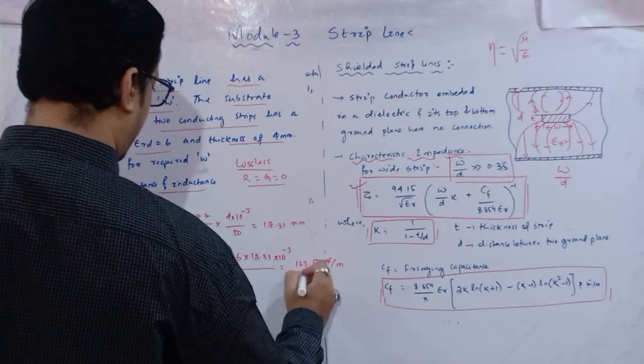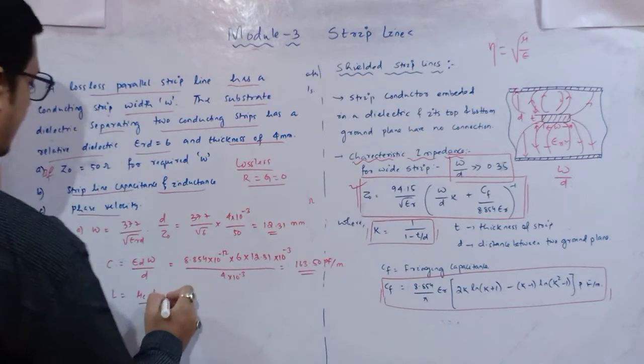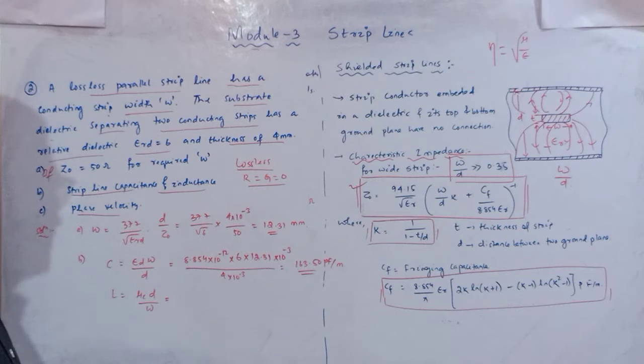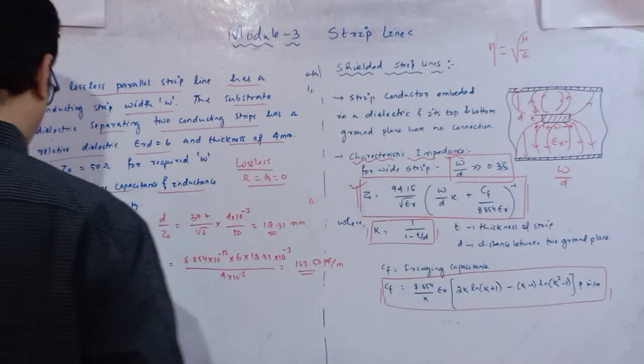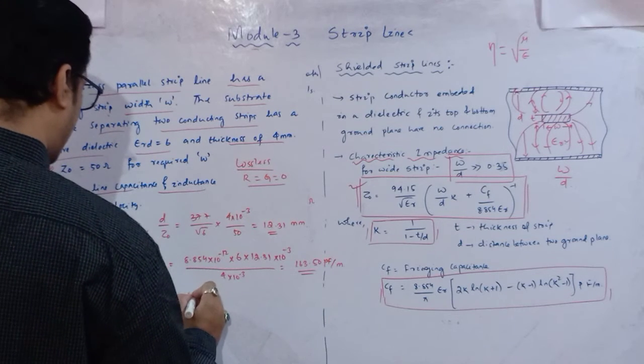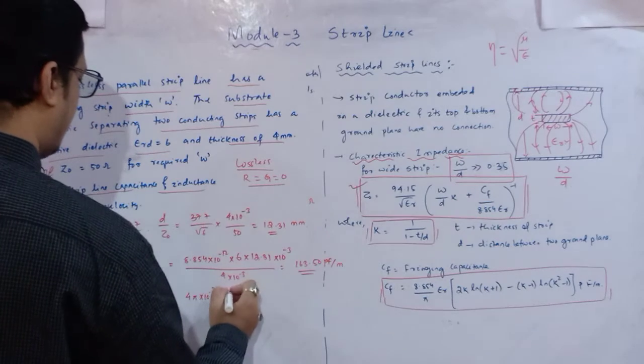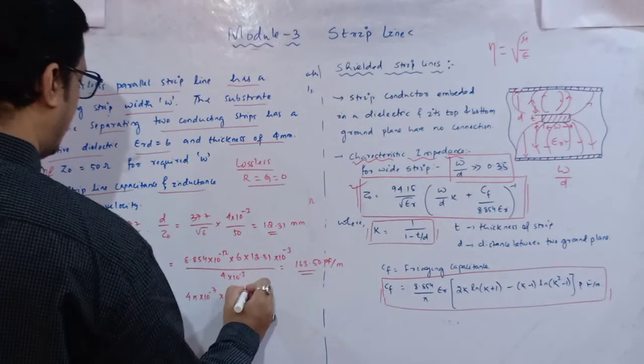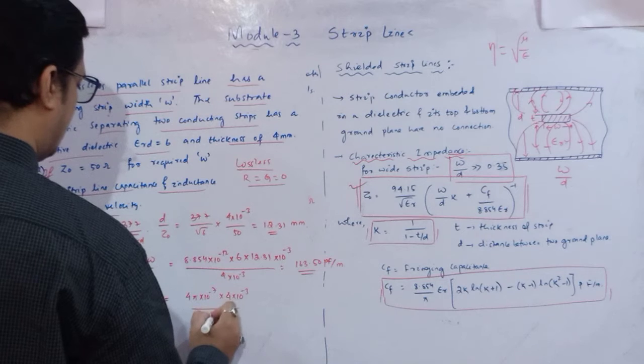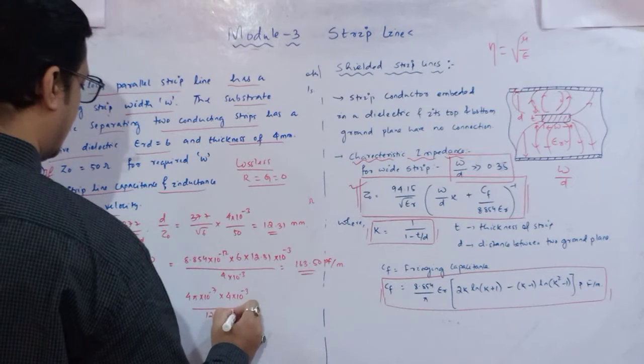If you solve this, you will get around 163.50 picofarad per meter. Similarly, for L we have mu C into D by W. The mu value is 4 pi into 10 to the power minus 7, D is 4 millimeter and the width is 12.31 millimeter.